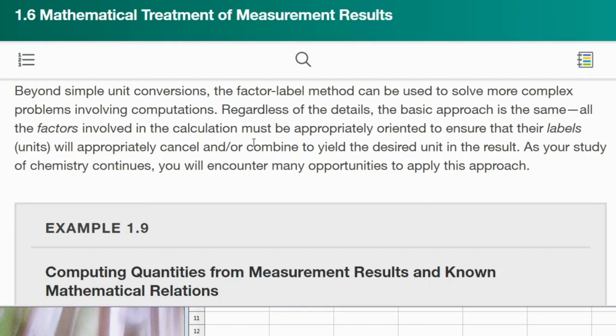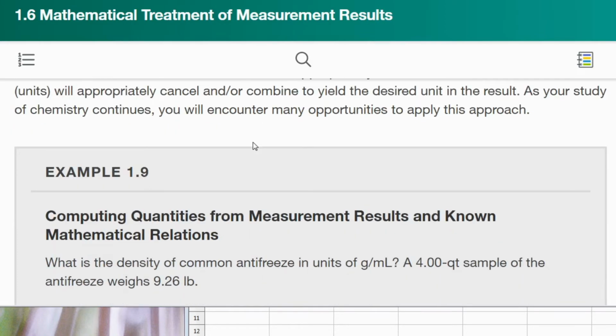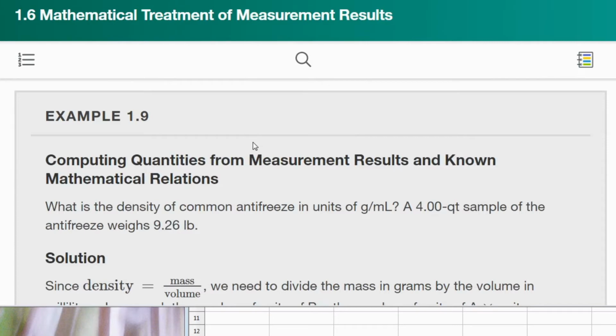As your study of chemistry continues, you will encounter many opportunities to apply this approach. Example 1.9. Computing quantities from measurement results and known mathematical relations. What is the density of common antifreeze in units of grams per milliliter? A 4.00 quart sample of the antifreeze weighs 9.26 pounds.